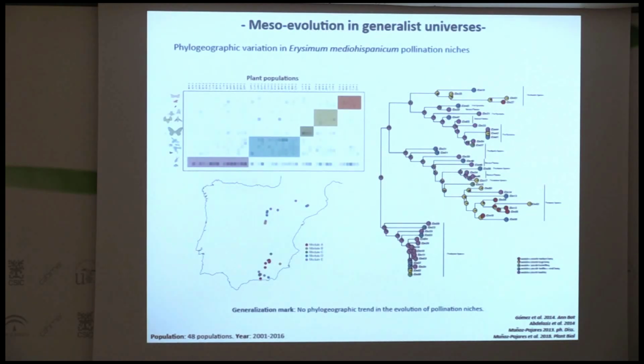These are about 48 or 49 populations of this plant. What we did was go to each population, record all the pollinators visiting the flower, measure the plant traits from those populations, make the network, see if they are modular, and try to find the occurrence of multidimensional niches even at the scale of the geographic distribution.